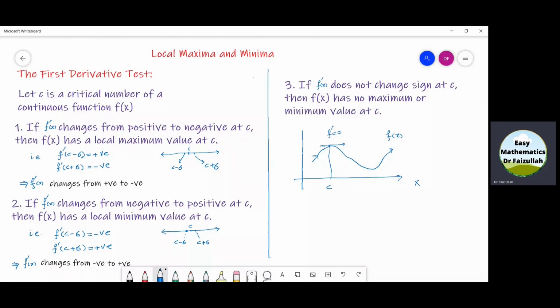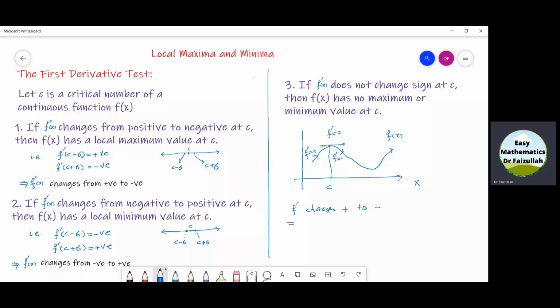Now look at the graph. Before C, the graph is increasing. It means f dash is positive. And after C, we can see that the graph is decreasing. So f dash is negative. That is why the first derivative test says that f dash changes sign from positive to negative.